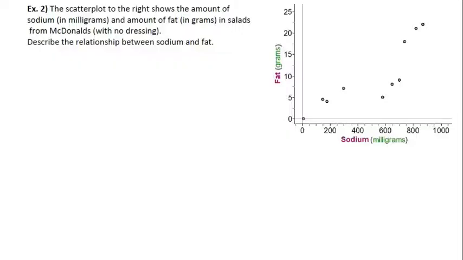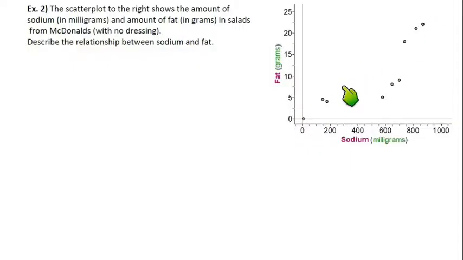Last example here. Going back to the McDonald's nutrition data. Seems like we use that a lot. Guess they have some really obvious patterns. So this is sodium versus fat, and it's in their salads. Okay, so a couple things you should notice. Overall, definitely going positive. And really, there's no outliers.